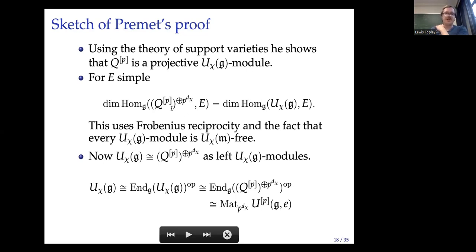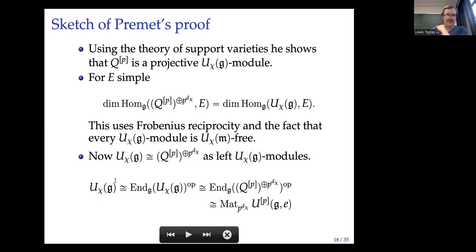Because projective modules are determined uniquely up to isomorphism by the number of copies of a projective cover of a given simple, i.e. these dimensions, it follows that UKG, the left module here, is isomorphic to this many copies of the Gelfand-Graev.